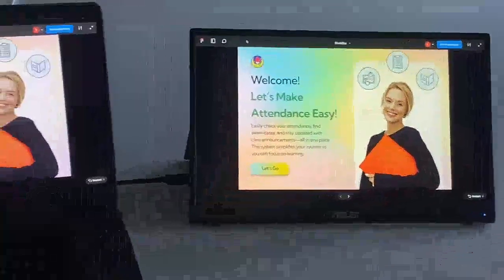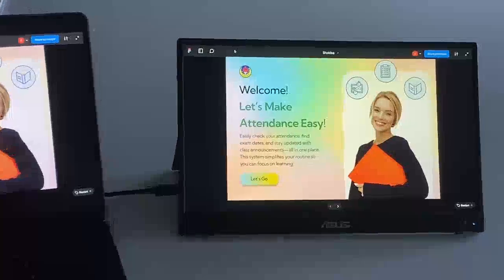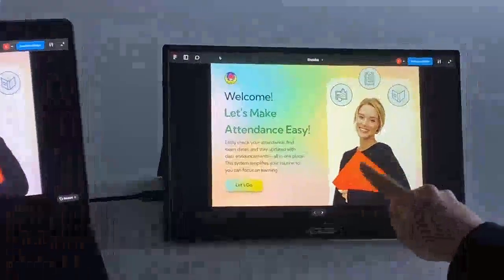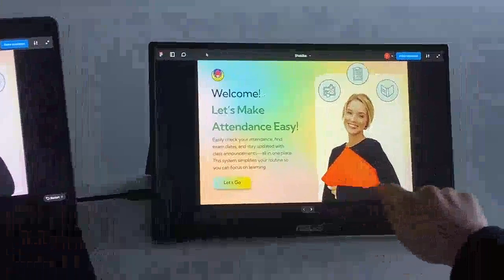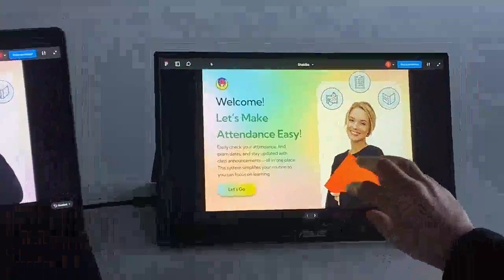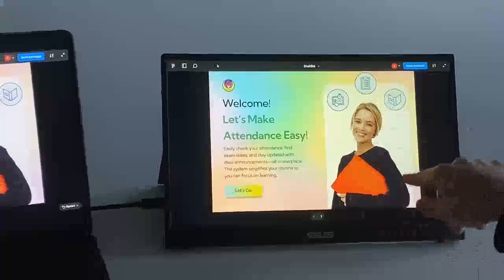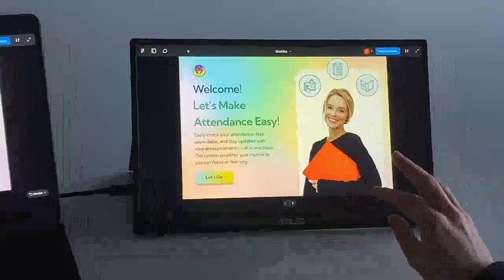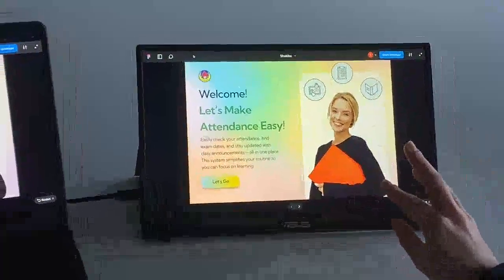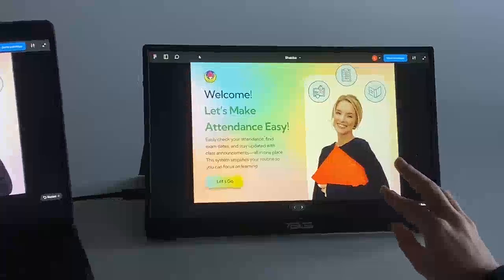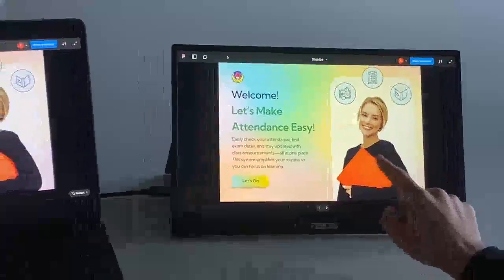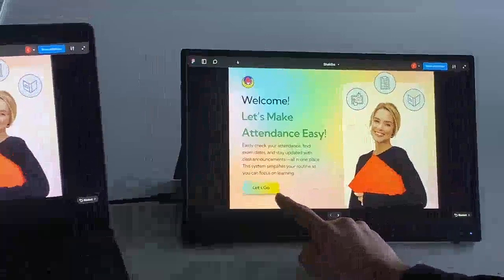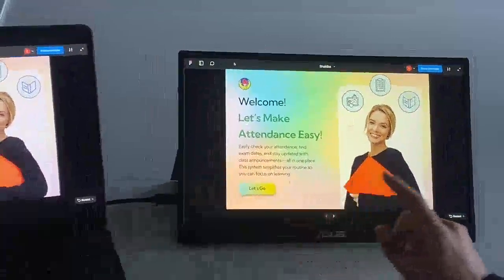I think as a visual artist, this orange, triangle-like shape, the size, and this photograph is kind of a focal point for me right now. But instead of having a focal point there, it should most probably be the let's go button.